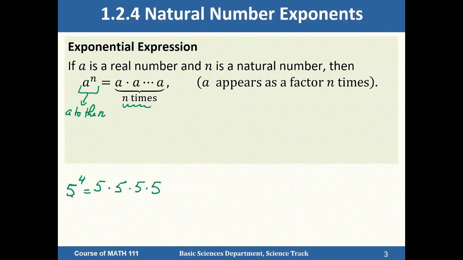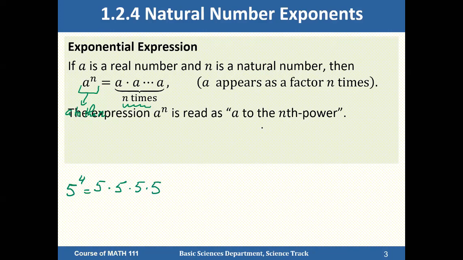Okay, this is what we call an exponential expression. Then we introduce this notation to simplify. حتى نبسط الكتابة. بدل ما نكتب 5 times 5 times 5 times 5, it's easier to write it as 5 to the 4.